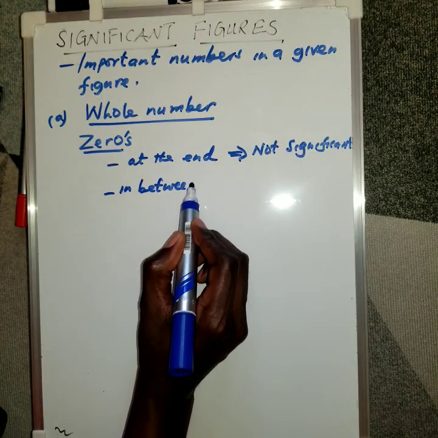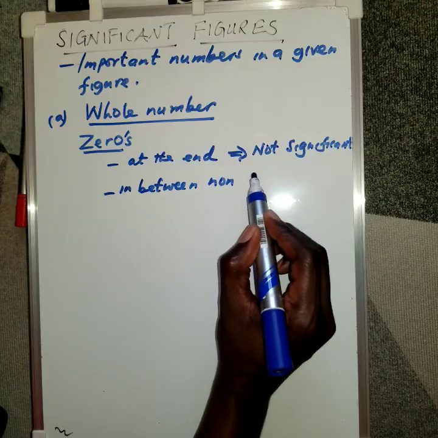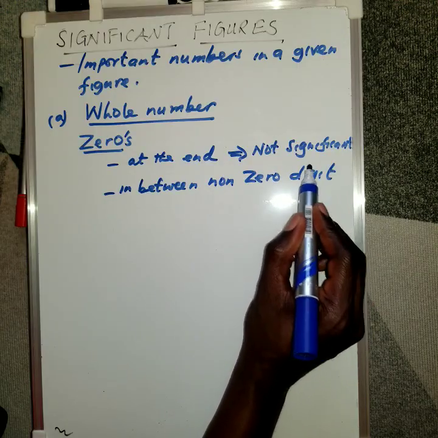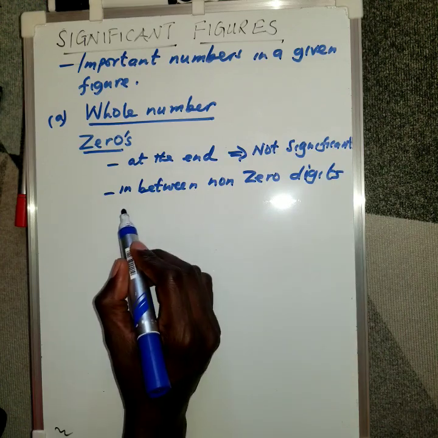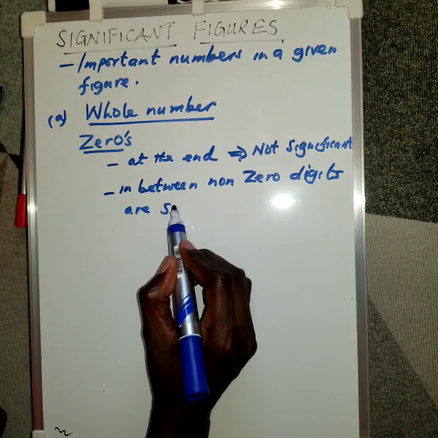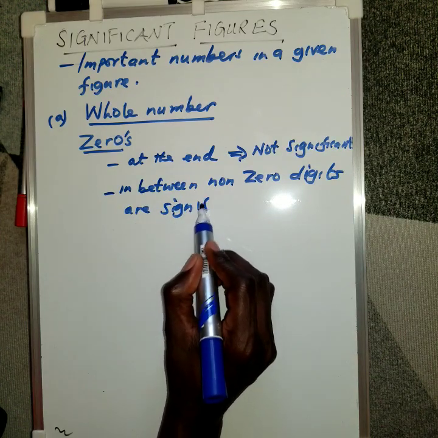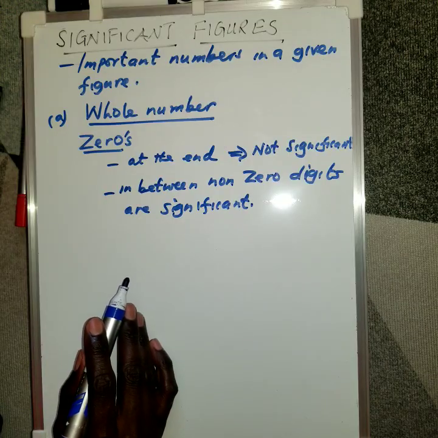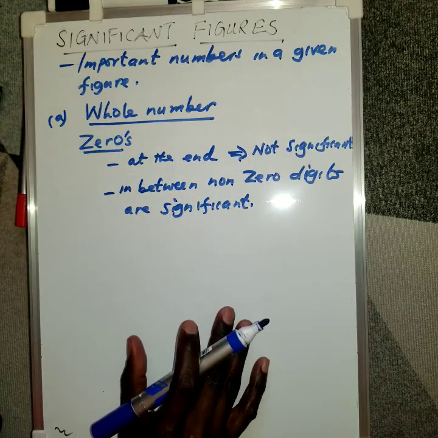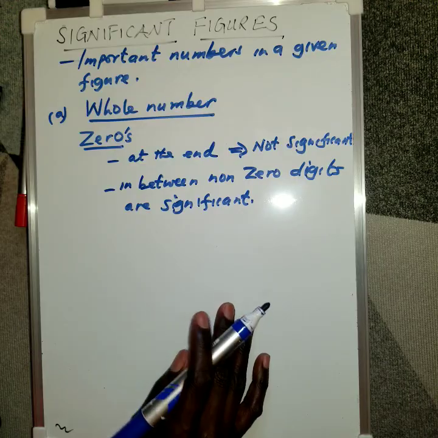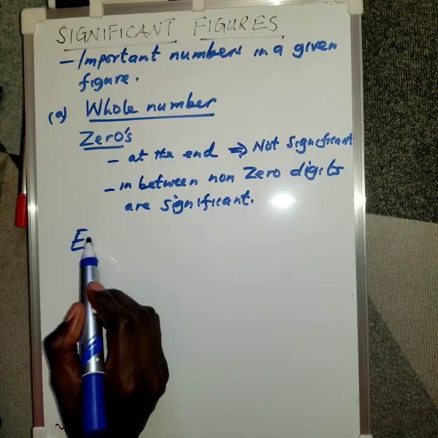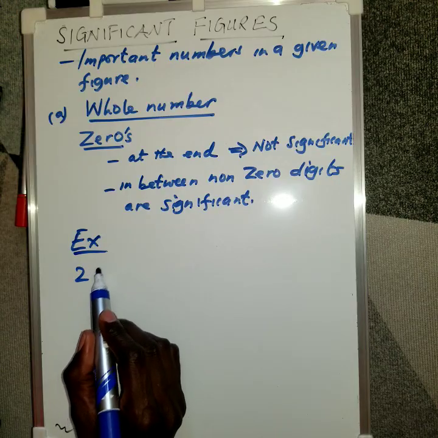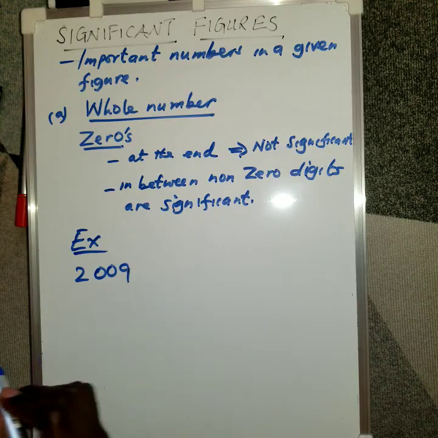So zeros in between non-zero digits are significant. In other words, they are important. You need to count them. So that is what you need to remember when it comes to whole numbers. Now let's take for example, you have this figure 2009.